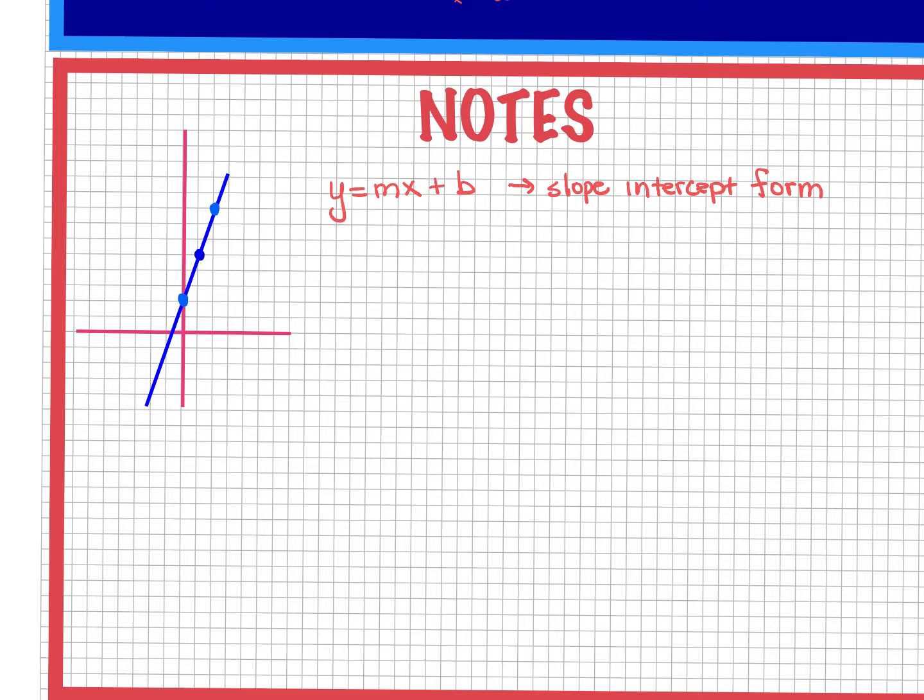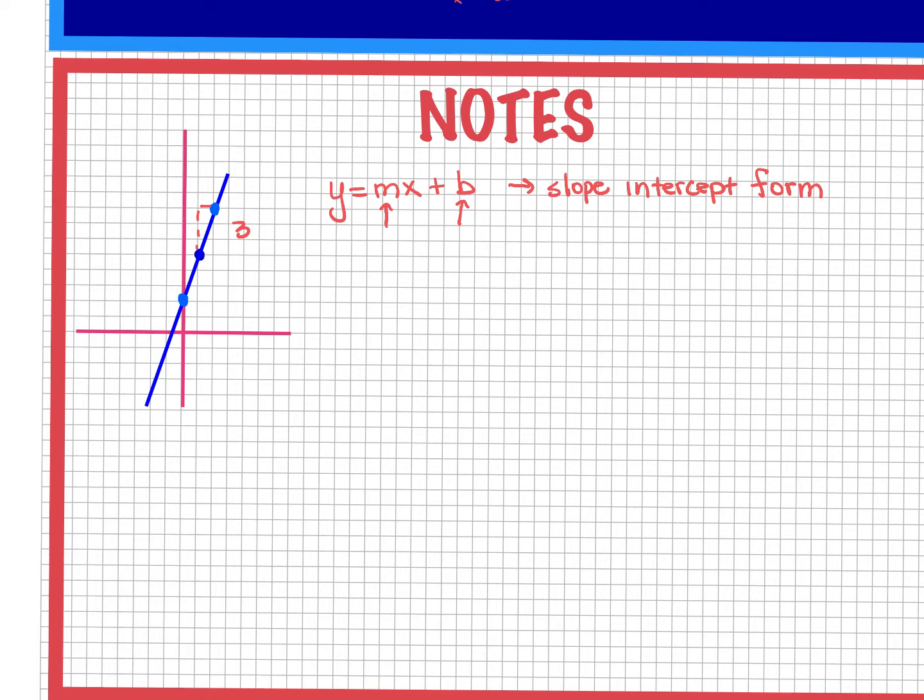Now, why is it called that? Well, it's because in our equation, we've got the slope right there, and we've got the y-intercept. So those are the two things the equation tells us, so we call that the slope-intercept form. Those are the two things that when I look at the equation, it basically tells me right away. So if I was trying to get an equation of this graph over here, it's really easy for me to do because I know the slope. It goes up 1, 2, 3 over 1.